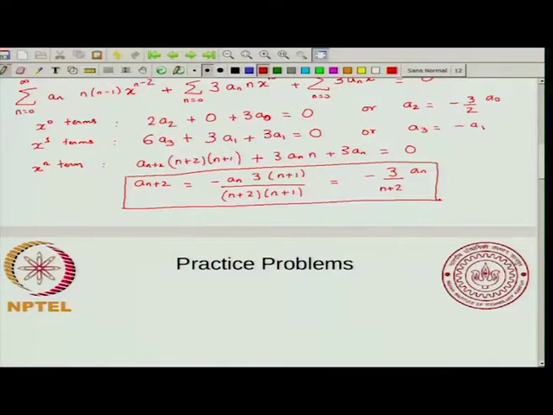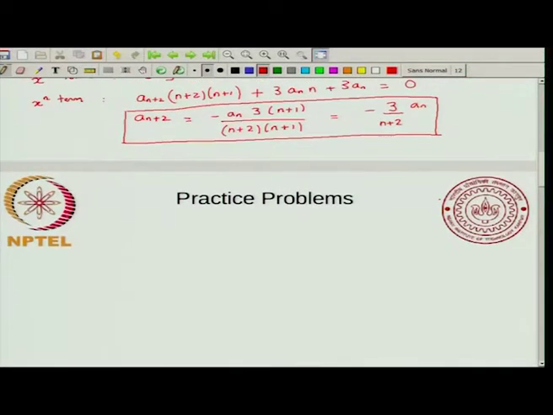Okay, so now that we have that, let's look at a4. Using this relation a4 is minus 3 divided by 4 times a2, with n equal to 2. And a2 is nothing but minus 3 by 2 a0.